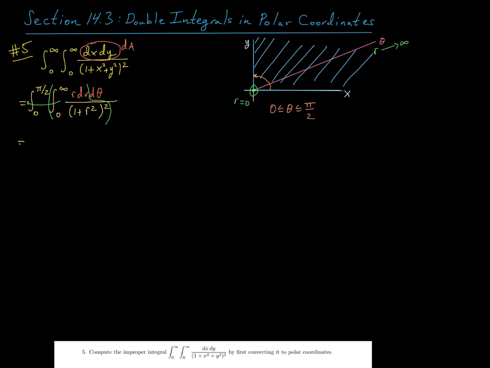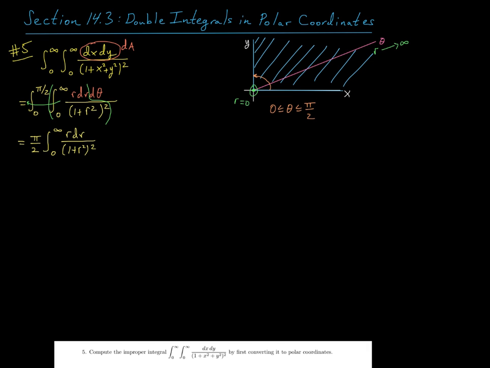So all in all, that's really going to say, and I'll put that pi over 2 out in front, this is pi over 2 times our integral from 0 to infinity of r dr over 1 plus r squared quantity squared. All right, so it's a little bit nicer.